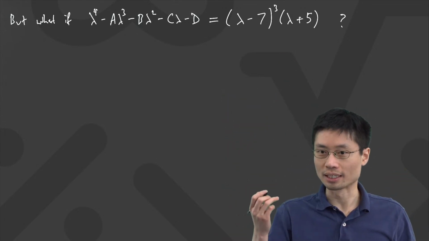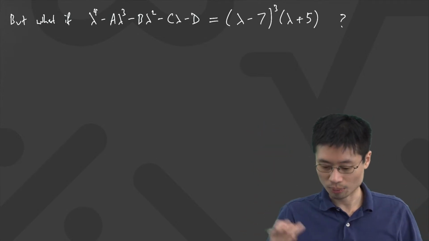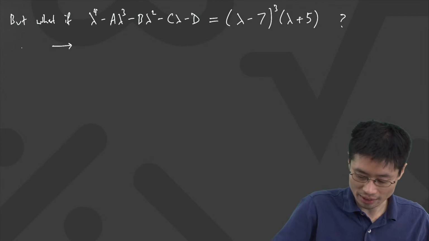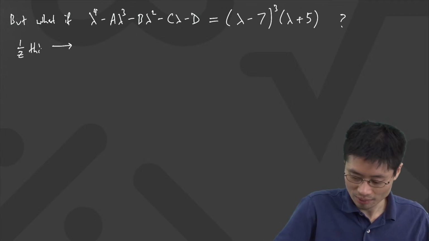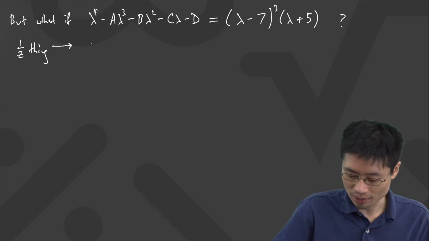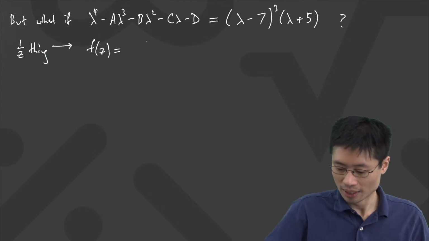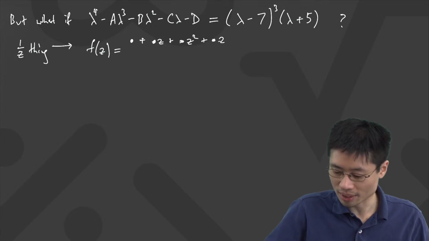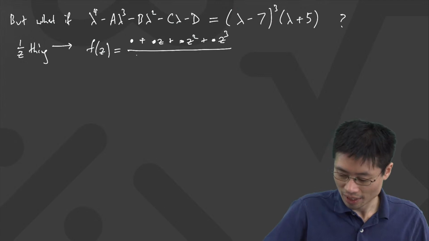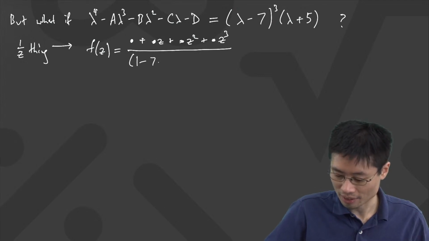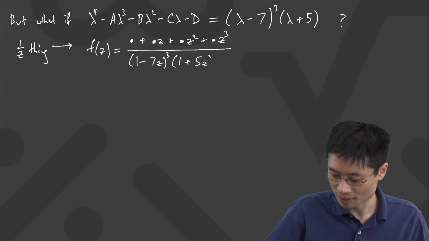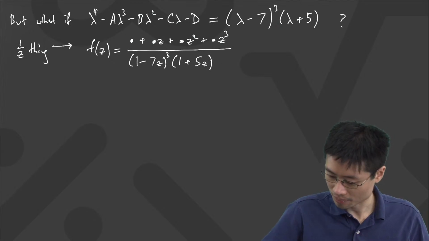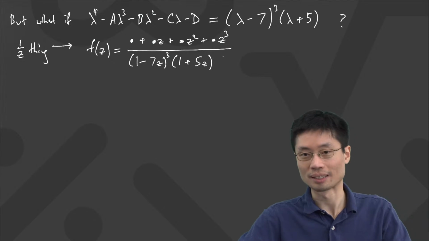Well, if you end up with this, the partial fractions thing, the same 1 over z thing which we saw last time, will tell you that f of z is equal to a polynomial of degree 4, blob plus blob z plus blob z squared plus blob z cubed, divided by 1 minus 7z cubed times 1 plus 5z to the power 1.